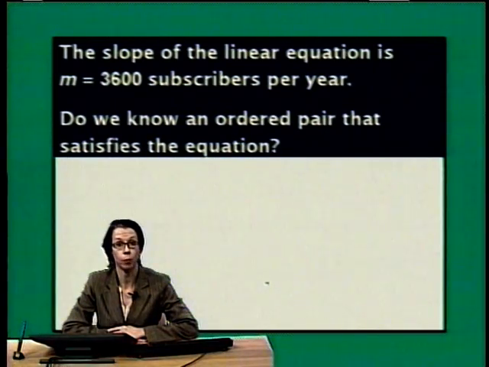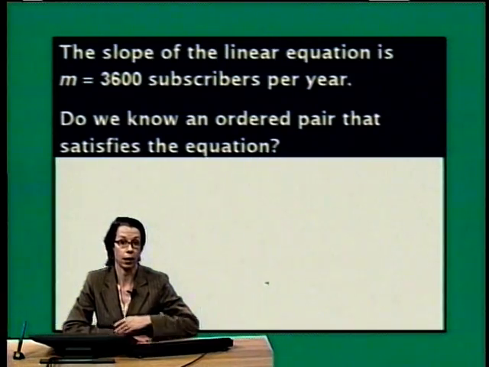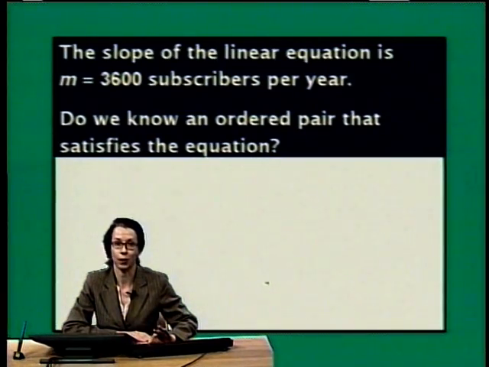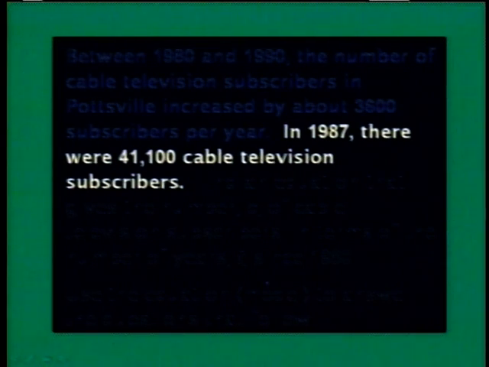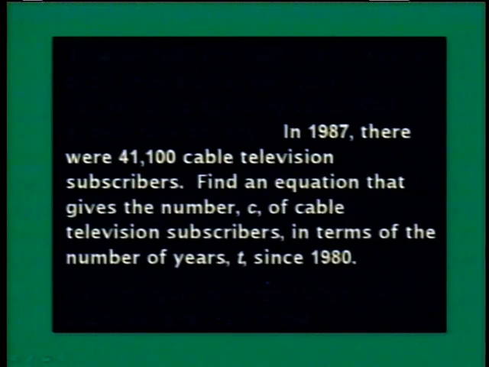Do we have an ordered pair that we can use so we can write an equation? Let's go back to the problem. We were told that in 1987 there were 41,100 cable television subscribers. We were also given some information about what variables we should use. We were told to give the number of subscribers in terms of the years.